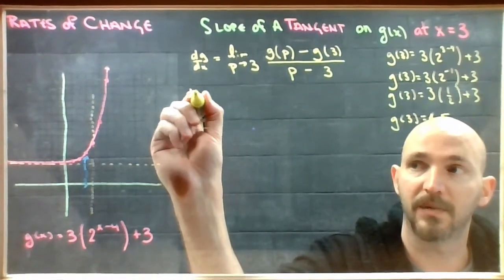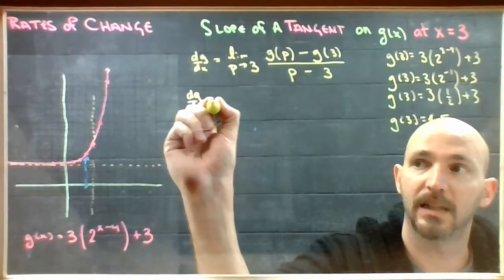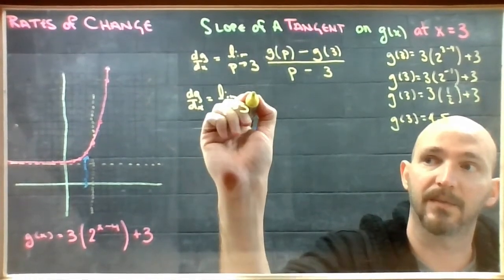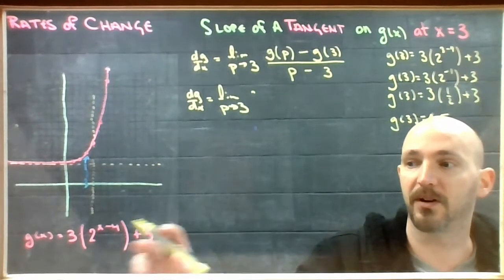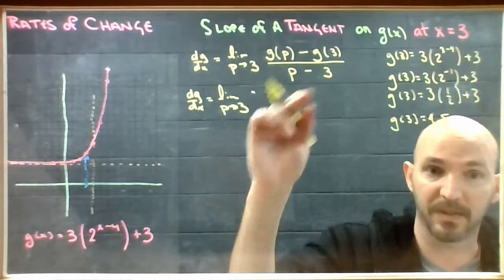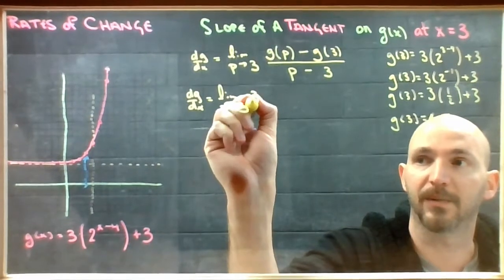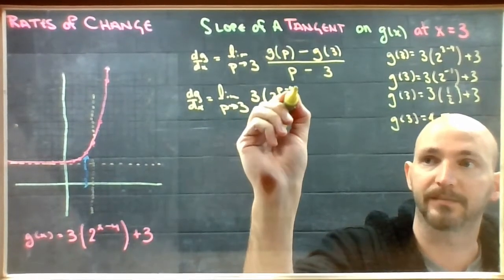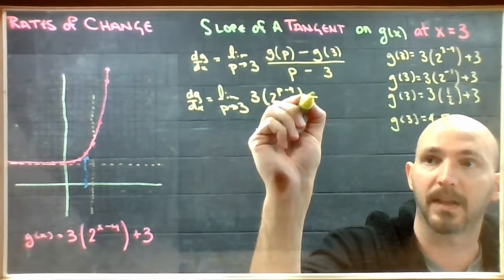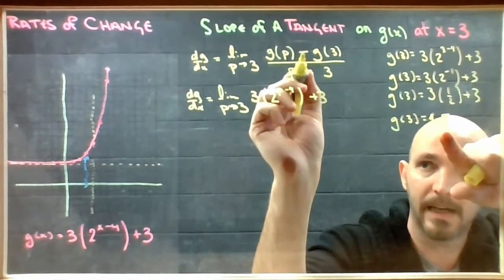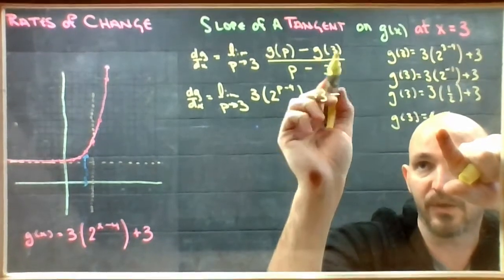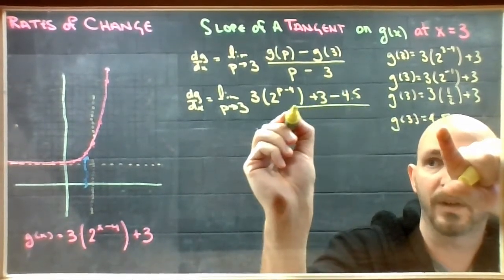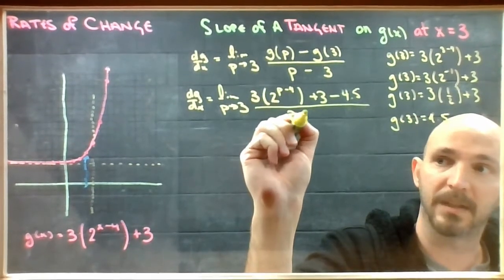So the slope of this tangent is the limit as the dummy variable approaches 3 of the function evaluated at the dummy variable. So I'm just going to take this and I'm going to put the dummy variable in. So 3, the 2, the p minus 4, plus 3, minus the value of g at 3 is 4.5, over p minus 3.